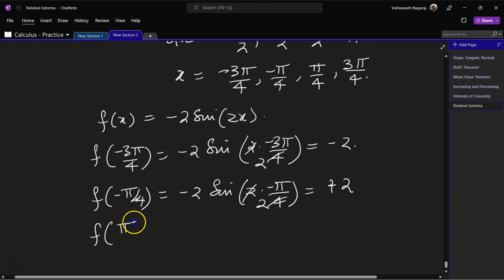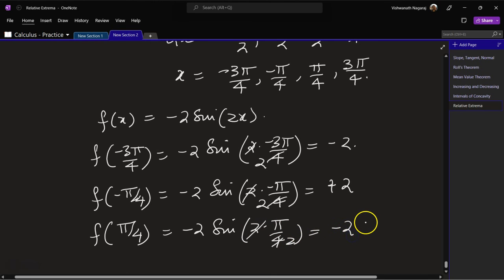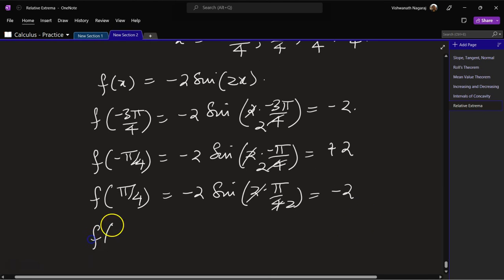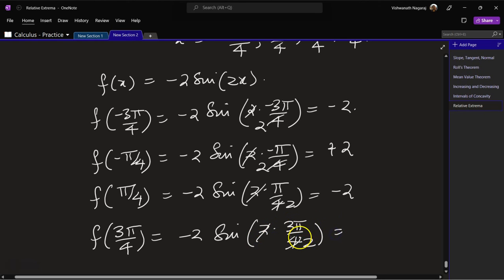F of pi by 4 is equal to minus 2 sine 2 times pi by 4, which is sine pi by 2, which is 1. So this is going to be minus 2. And finally, f of 3 pi by 4 is equal to minus 2 sine 2 times 3 pi by 4, 2 2's, which gives us sine 3 pi by 2. Sine 3 pi by 2 is minus 1. So minus 1 times minus 2 is plus 2.